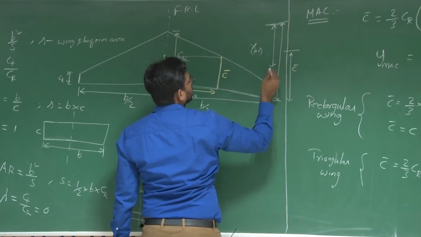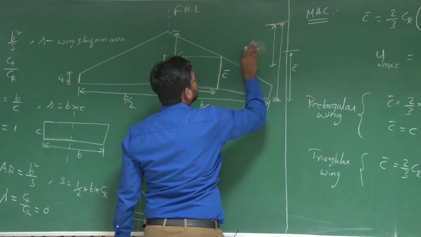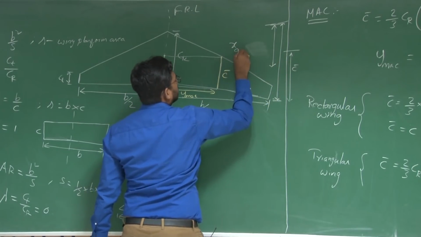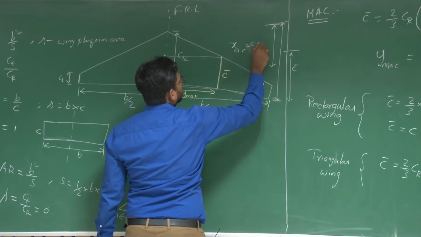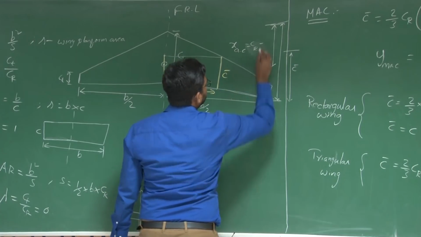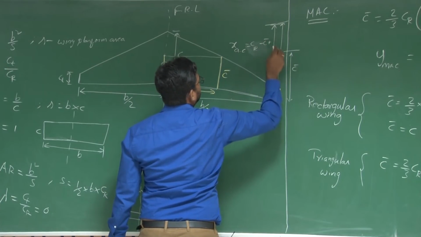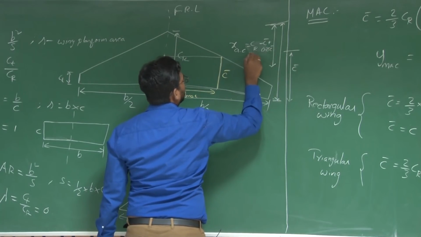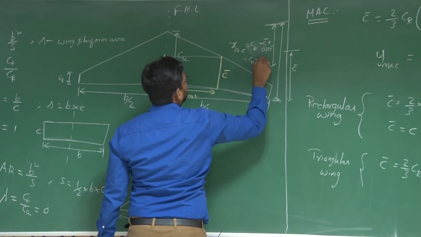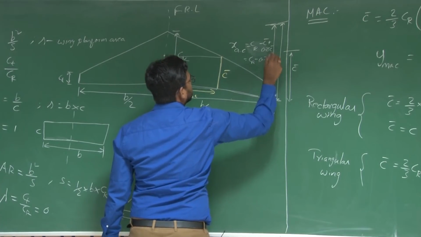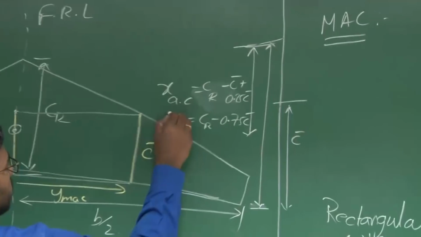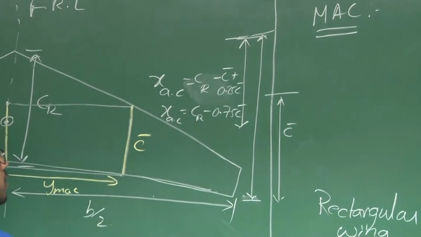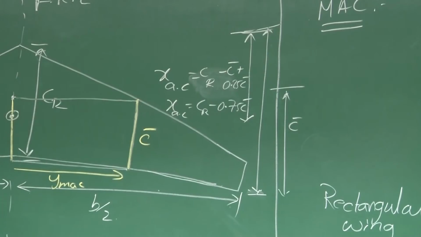XAC is equal to Cr minus C bar plus 0.25 times C bar, which is Cr minus 0.75 C bar. So this is the relation with which you can locate your aerodynamic center with respect to the leading edge of this root chord.